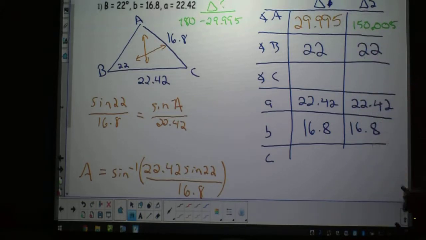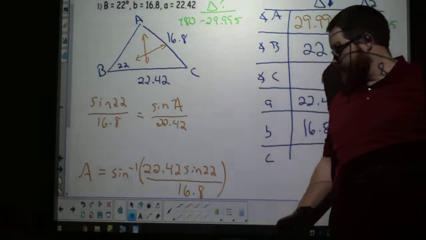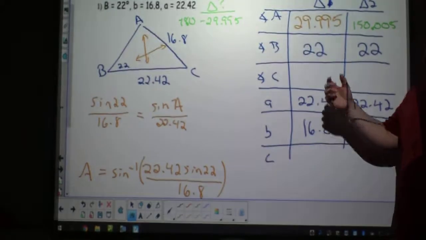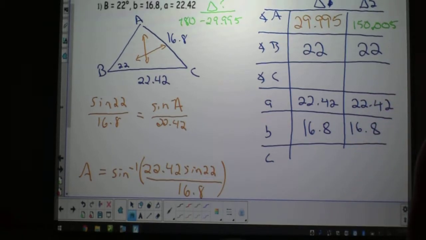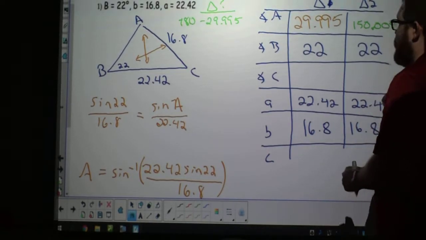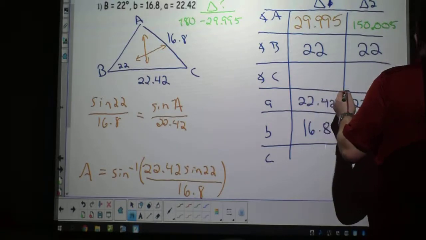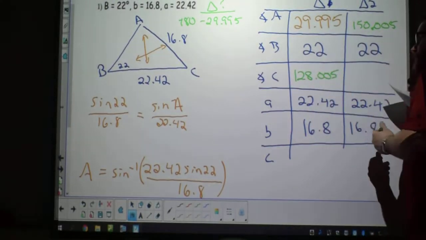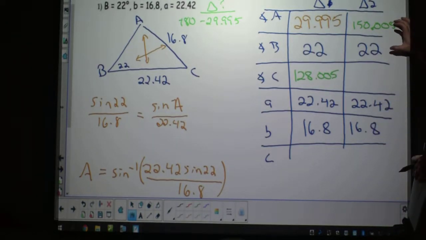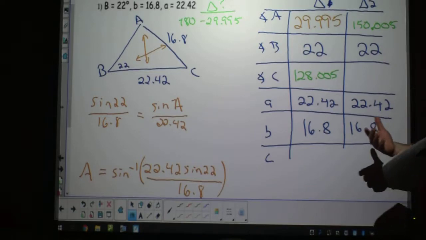Now let's stop and ask, can I make a second triangle? Well, yeah, these two angles added up aren't bigger than 180. In fact, if you add them up and subtract them from 180, you would get 128.005. Now let's look at the second one. If I added up these two angles, would they already be bigger than 180? No, they wouldn't.